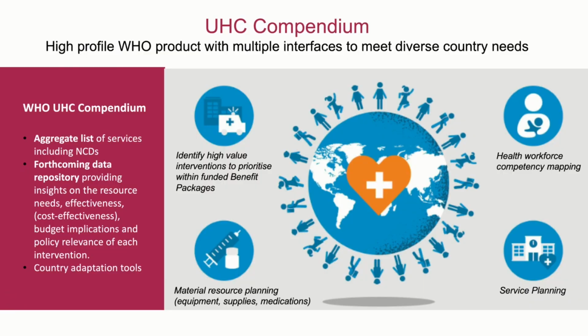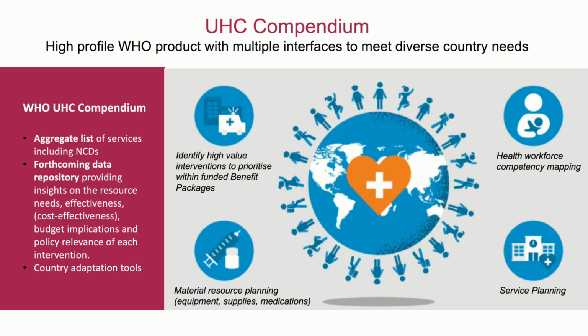There is a tool that has been developed by WHO to use for this, and it's called the UHC Compendium. This is a high-profile product with multiple interfaces. It consists of a listing of services, which includes non-communicable disease, but also has a repository or resource that reflects the cost in terms of infrastructure, medicine, and the workforce in order to deliver those services and action.